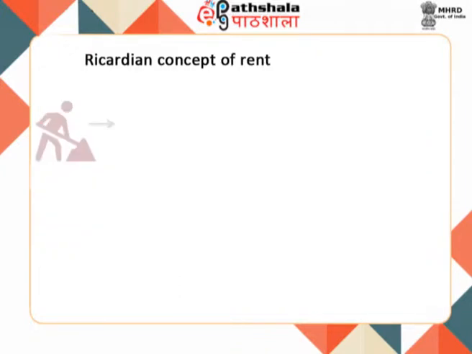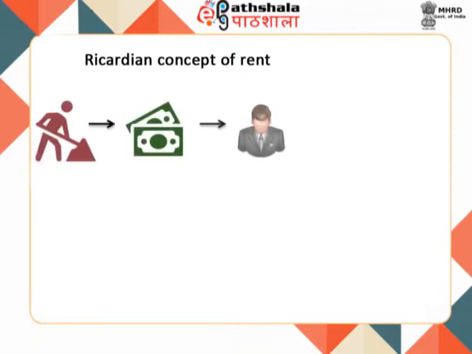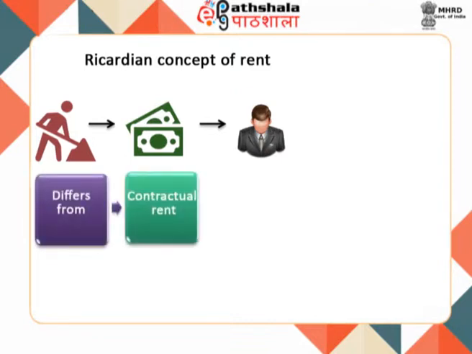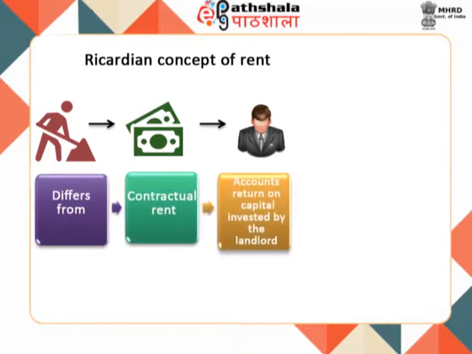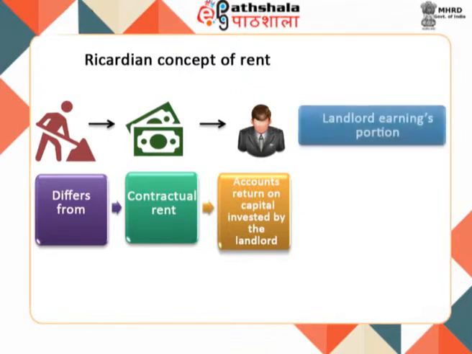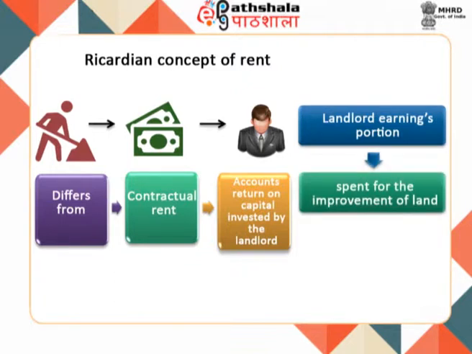Ricardian concept of rent has two features. Firstly, it is payment to the landlord just for the use of land. It differs from contractual rent, which accounts for return on capital invested by the landlord. The portion of the landlord's earning which is spent for the improvement of land is not considered as rent.